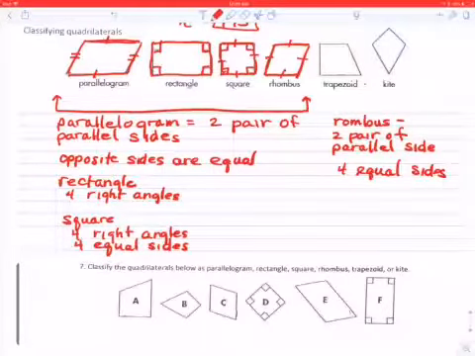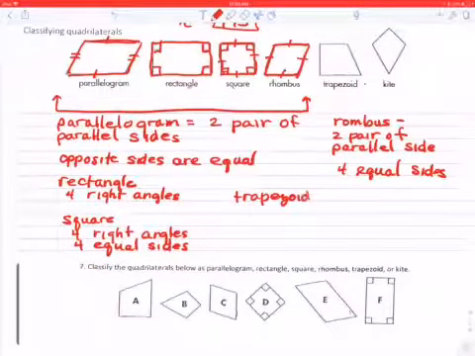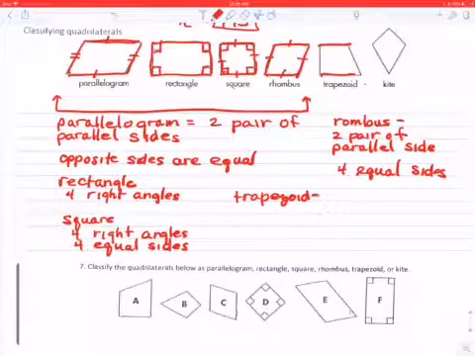So the trapezoid and the kite, those are not parallelograms. A trapezoid only has one pair of parallel sides, so these are parallel. The other ones are not.